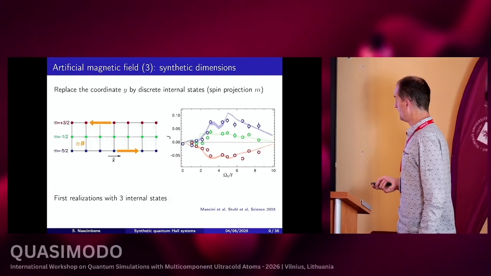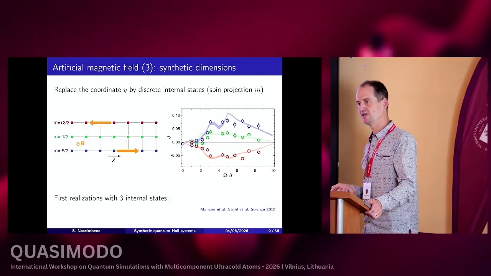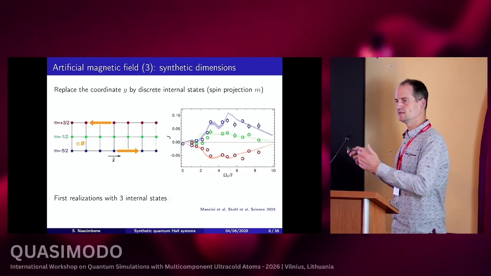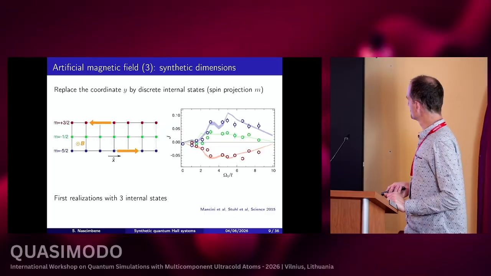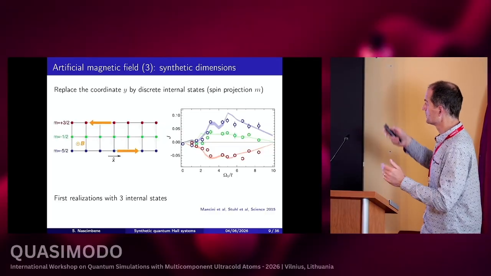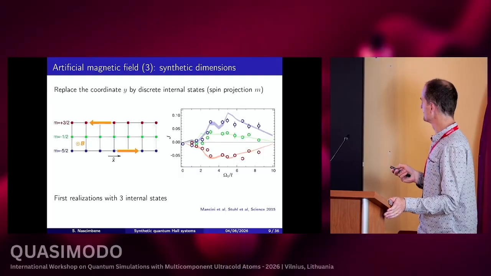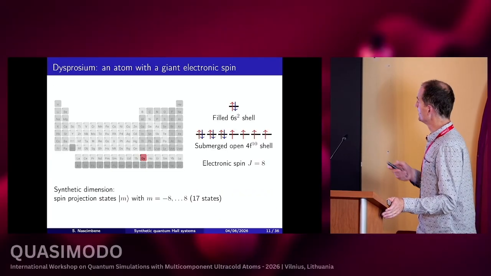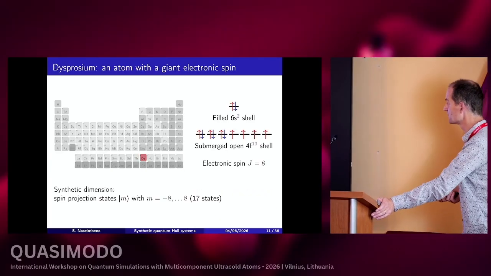you wish. And so, naturally, this motivated extending this technique to atoms that have a very large spin, such that we can use a very large number of internal states. So this is what we did, choosing dysprosium.